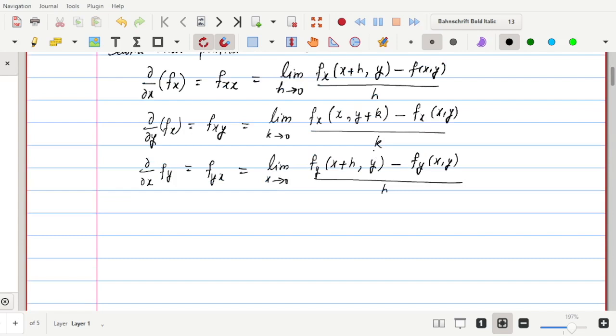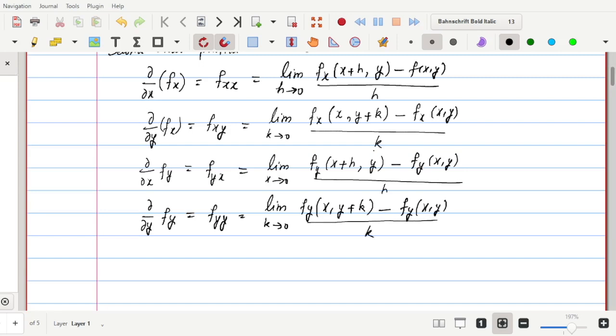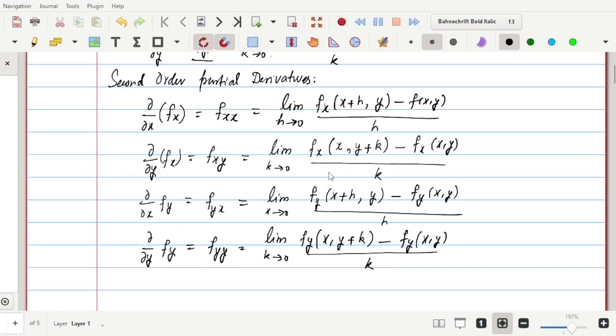And finally, we can define del by del y of fy, which we denote by fyy, defined as the limit as k tends to 0 of fy of x, y plus k minus fy of x, y, whole divided by k. So these are the four second order partial derivatives of f with respect to x and y.